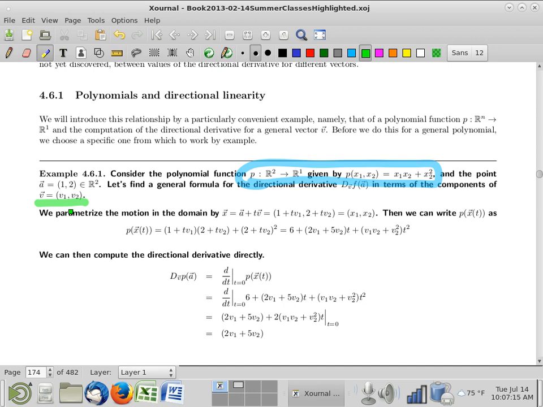So what we're computing here is a directional derivative thought of as a function of velocity. Right? So P is given. A is given.